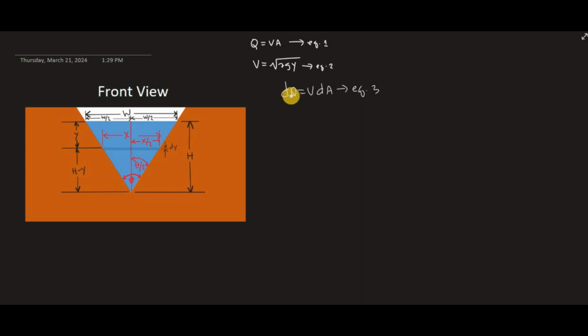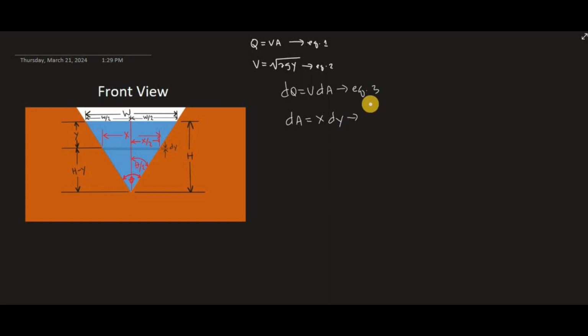Now, dq is the differential discharge, which is the discharge at this extremely thin horizontal strip, while dA is its differential area, which is equal to its width, x, multiplied by its height, dy.